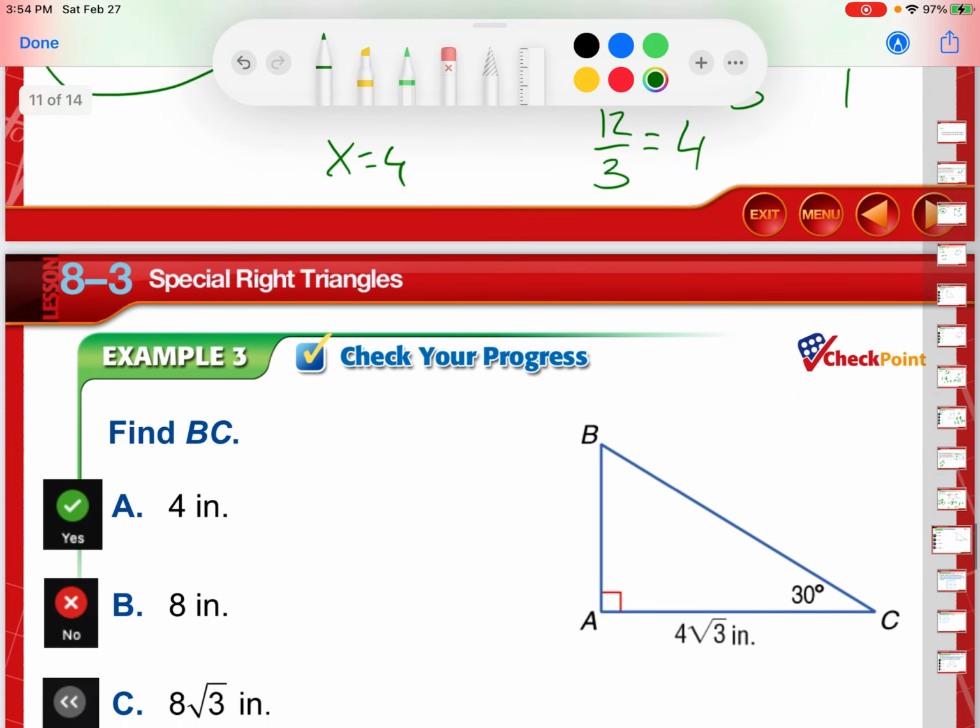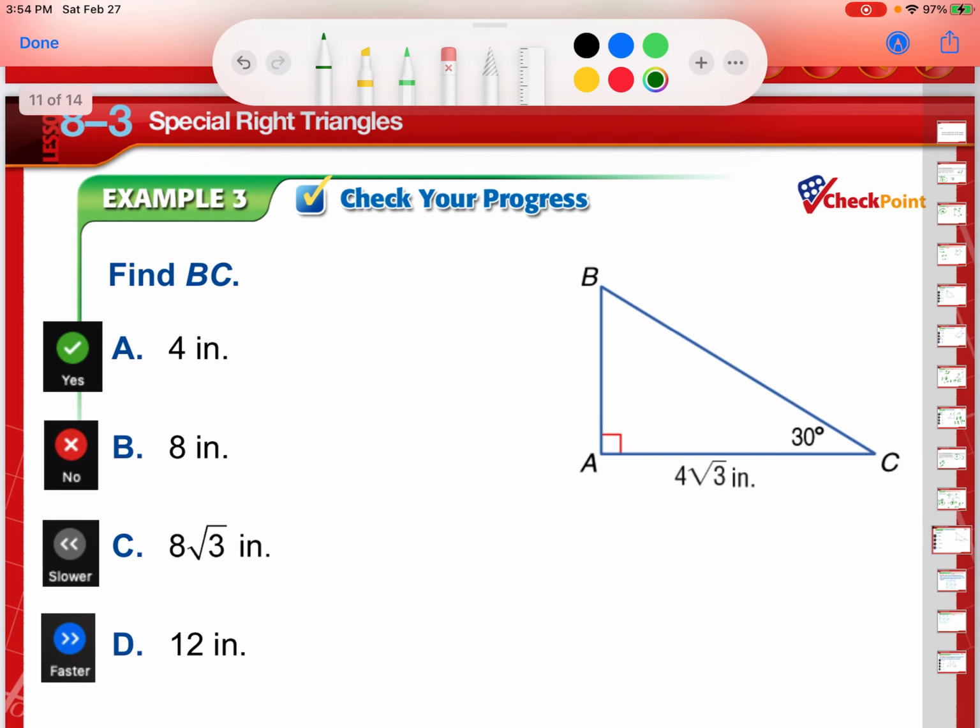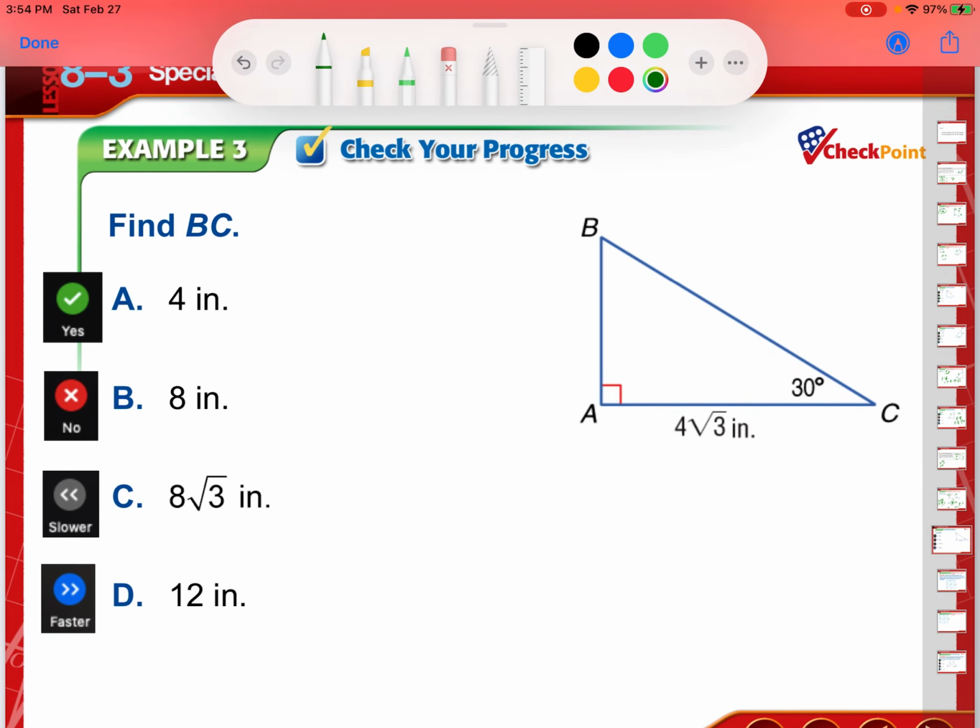So X equals 4. Those are a lot messier in my opinion. However, it's still just plugging values in, using that rule, and solving.